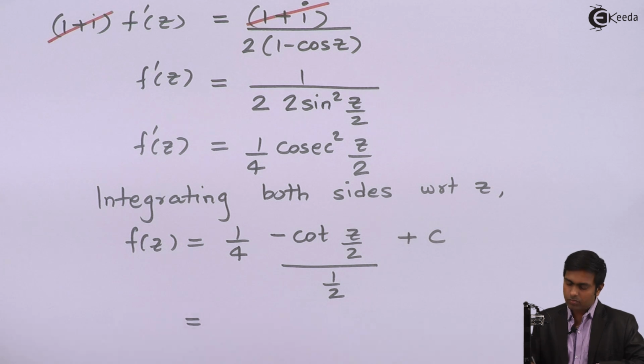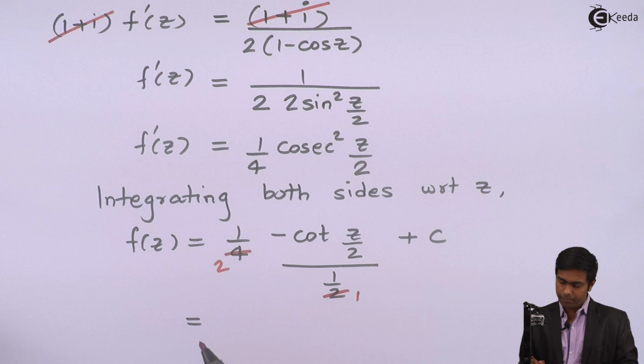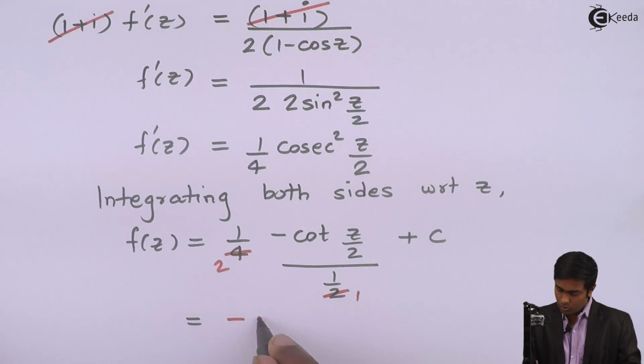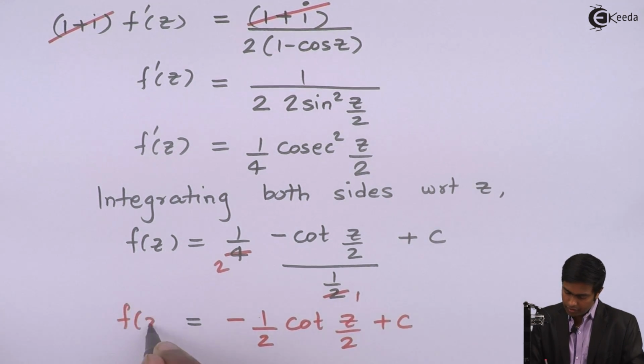So here 2 ones are 2, 2 twos are 4. So I will say it is minus 1 by 2 cot of (z by 2) plus c is the value of f of z.